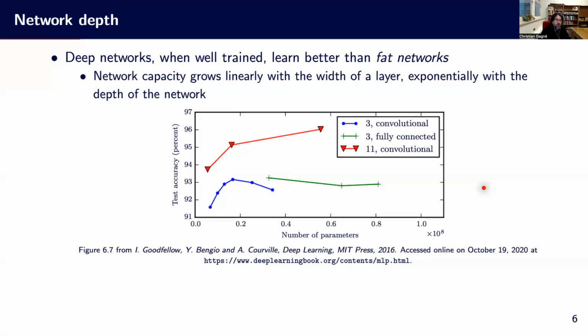But if we double the number of layers in that network, it's more than doubling the capacity. It's much more. In fact, we will increase the capacity of the network to learn something.